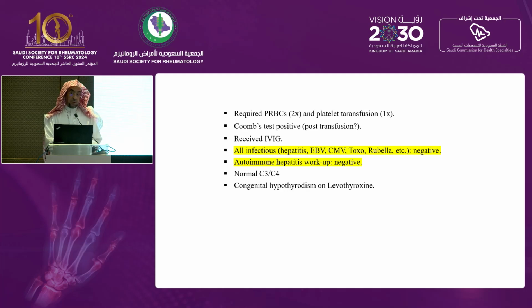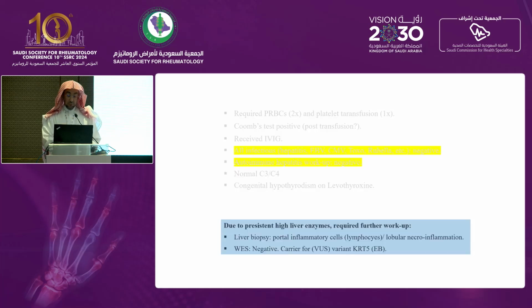Because she had persistently high liver enzymes and required a lot of investigation, they also did a liver biopsy, which showed non-specific portal inflammatory cells, and they also did a gene panel, which was inconclusive. However, it was heterozygous for epidermolysis bullosa, which is maybe not related.